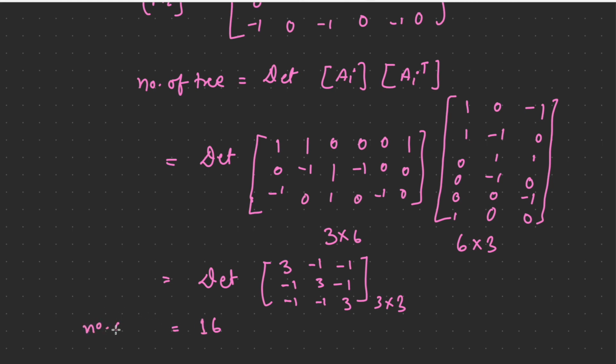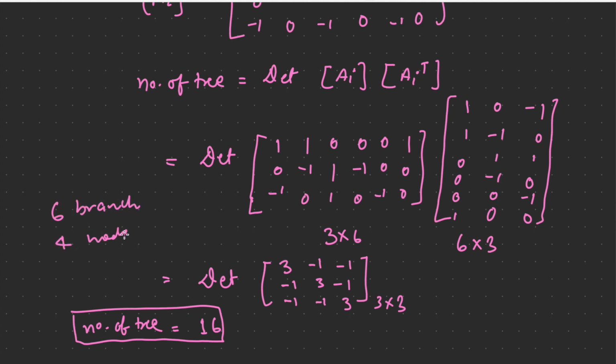So this is the number of trees possible out of this graph. It is a combination of 4 nodes and 3 branches, with the condition that there should not be any closed loop in the tree. So with 6 branches and 4 nodes, the total possible number of trees out of this graph is 16. Thank you.